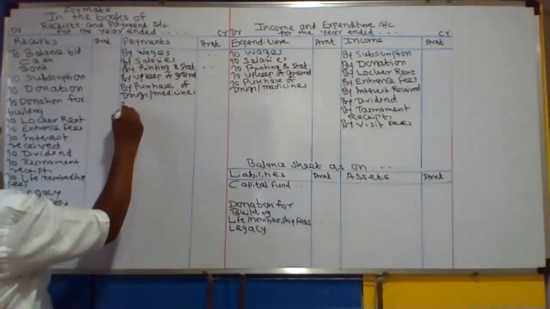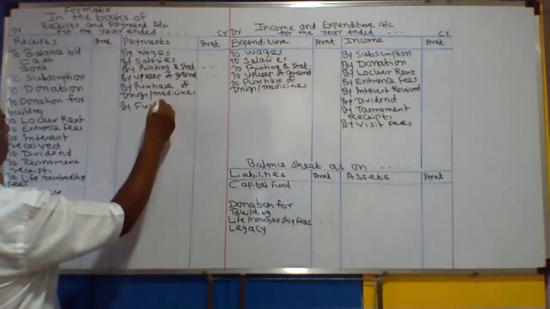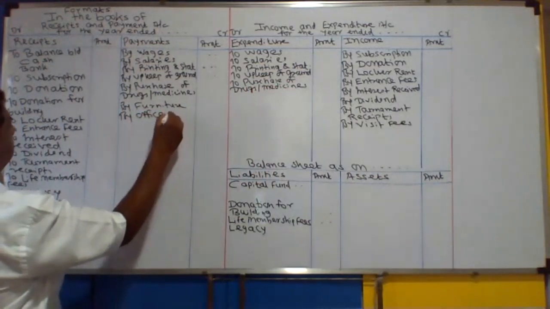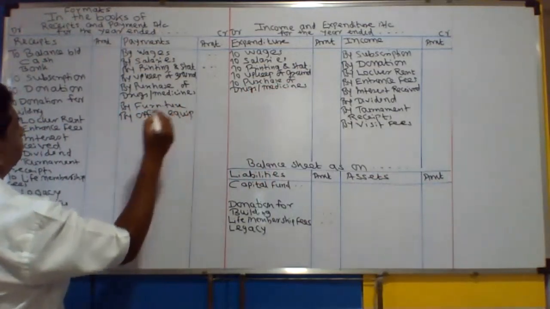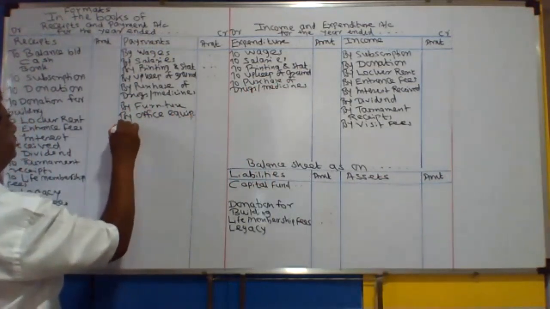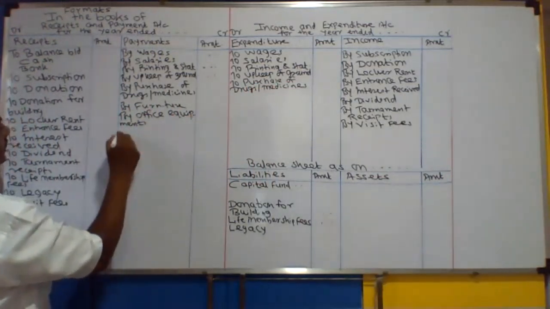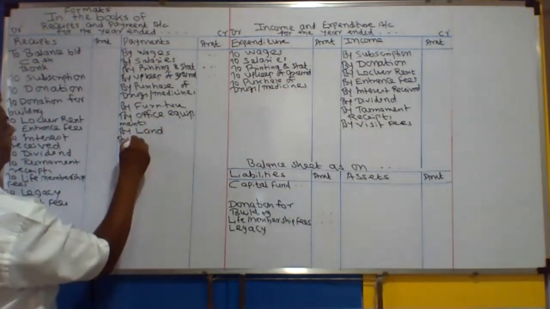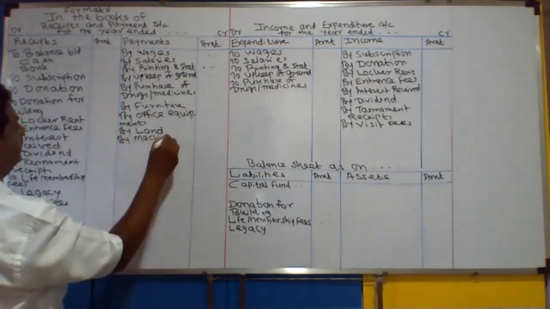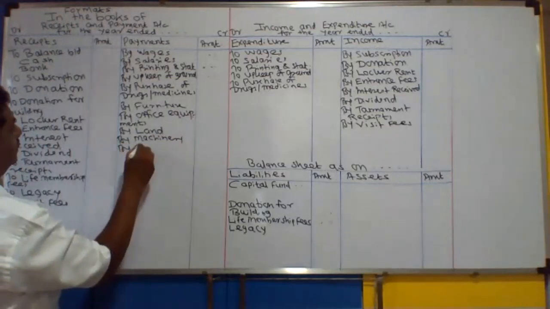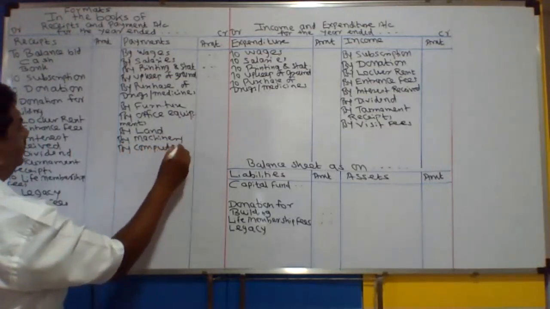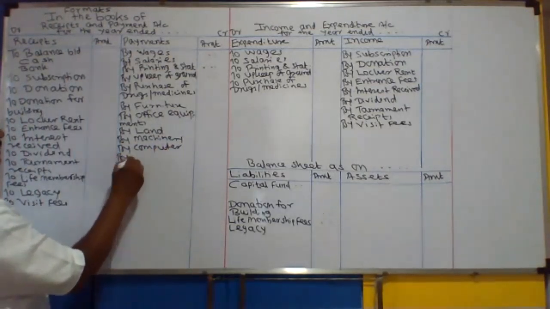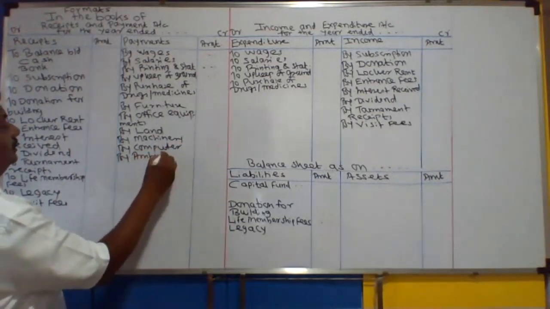Then by furniture, by office equipments, then by land, by machinery, मतलब कोई तो भी ऐसा ऑफिस के लिए या मशीनरी, कंप्यूटर, ओके, फर्नीचर तो लिखा है, ओके, एम्बुलेंस, by ambulance.